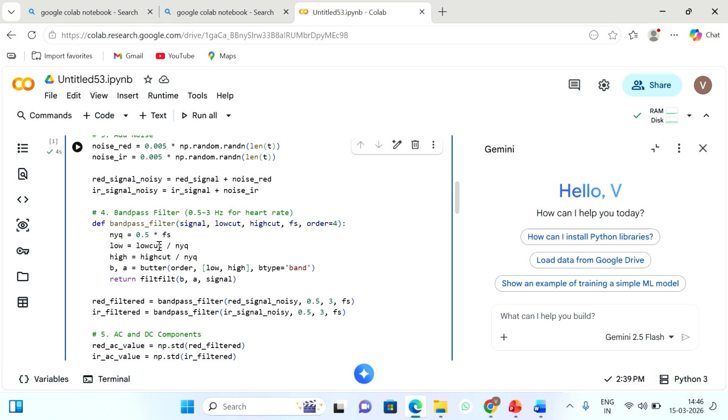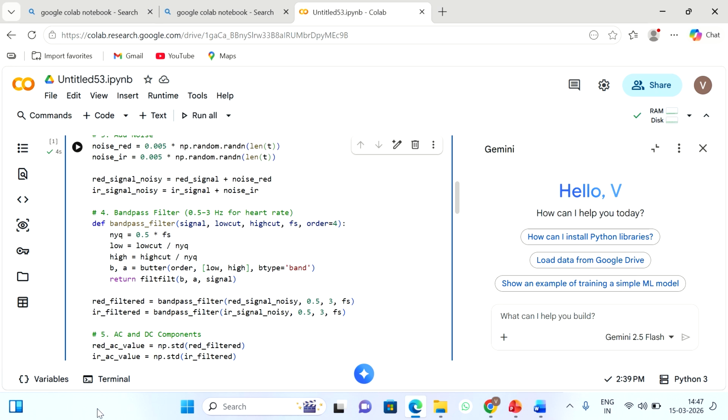And then 0.5 Hz, which is already given here. 0.5 hertz means 30 beats per minute, that is 0.5 into 60. In the same way, 3 hertz means 3 into 60, 180 beats per minute. So only heart related frequencies are passed.